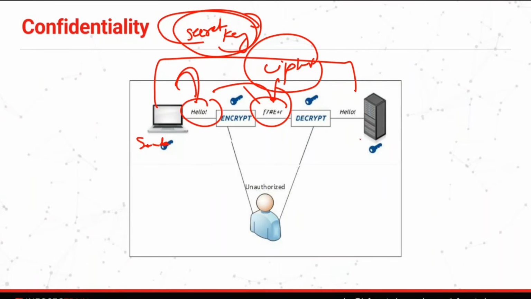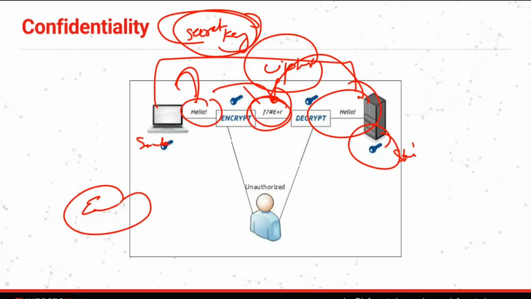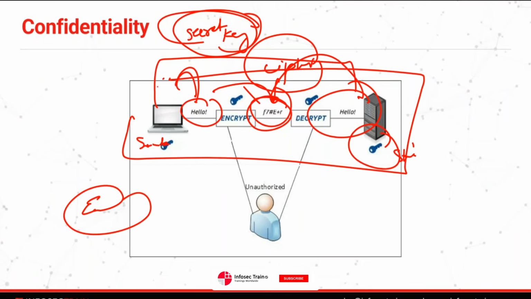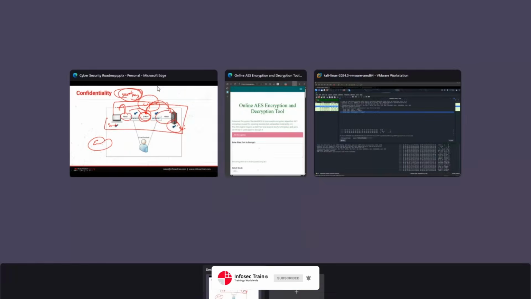And using the same key, the receiver is going to decrypt, that is convert the cipher text back to the plain text. That is how using encryption you can defend and secure the communication happening between these two individuals. Let me show it to you using this site.